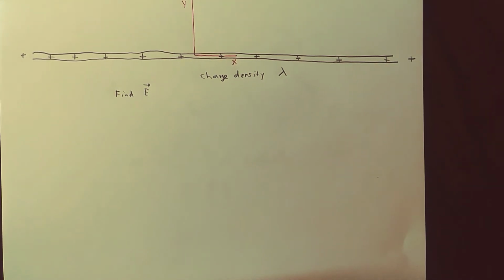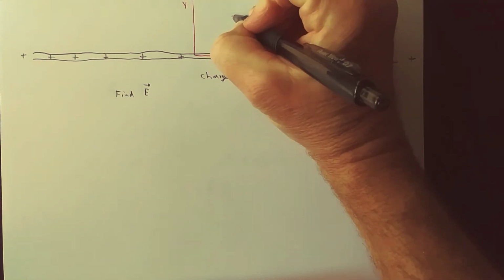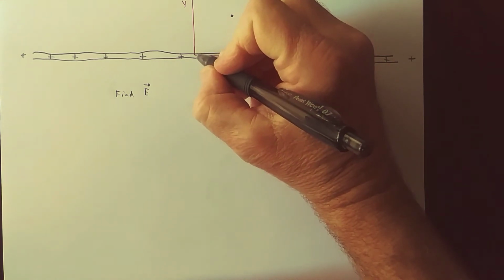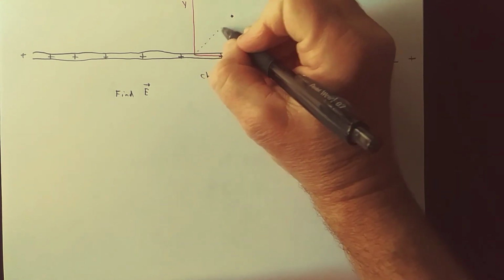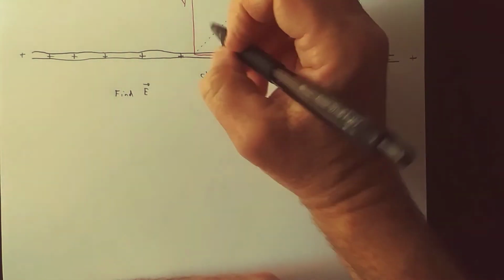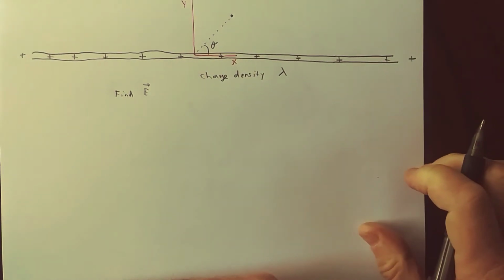When we do that, let's say we want the electric field at some random location there. So we have the distance to that point. There's some angle here that comes into play that might be useful to us.